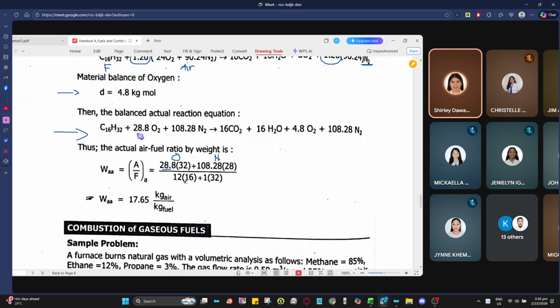The fuel is carbon and hydrogen, so we have 16 times 12, the number of atoms times the molecular weight, plus hydrogen, whose molecular weight is only 1, times the 32 atoms. So we get 17.65 kilograms of air per kilogram of fuel.